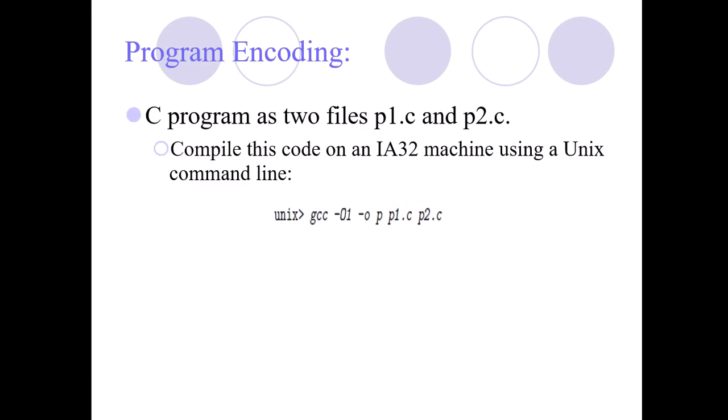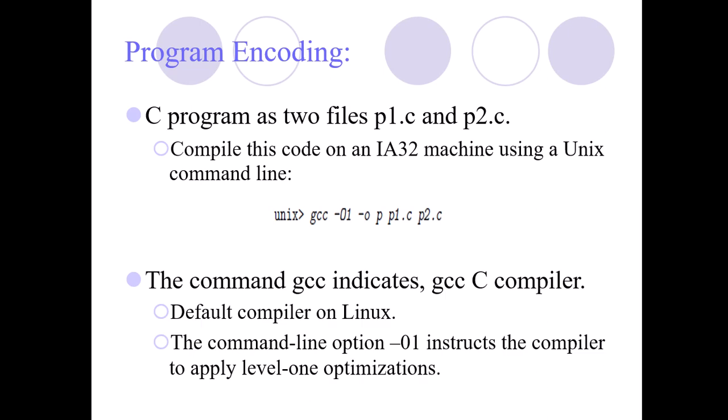So we have two files, p1.c and p2.c. Compile this code on an IA32 machine using a Unix command. So this command actually tells us how we will follow the code for processing of the two files.